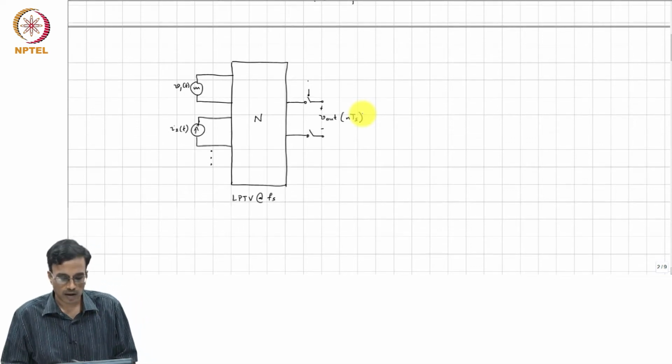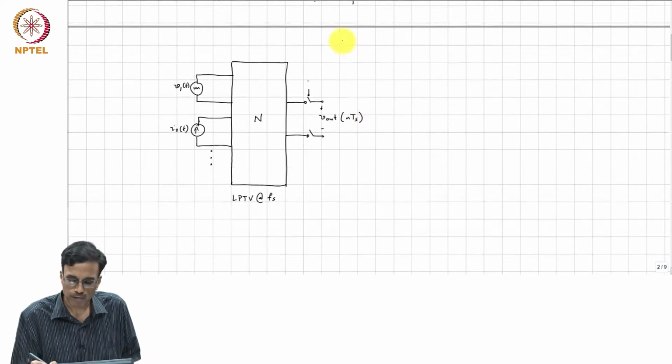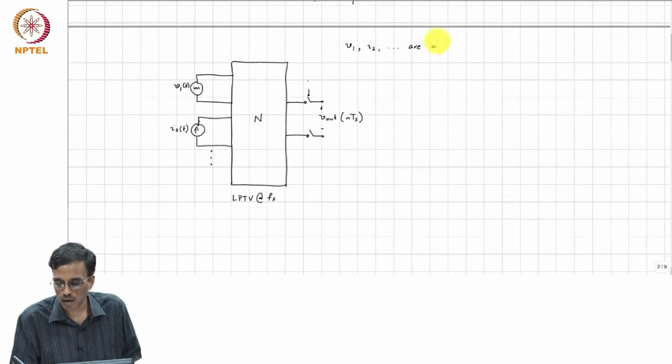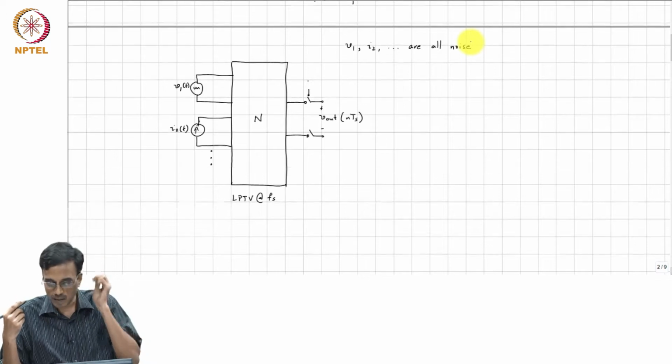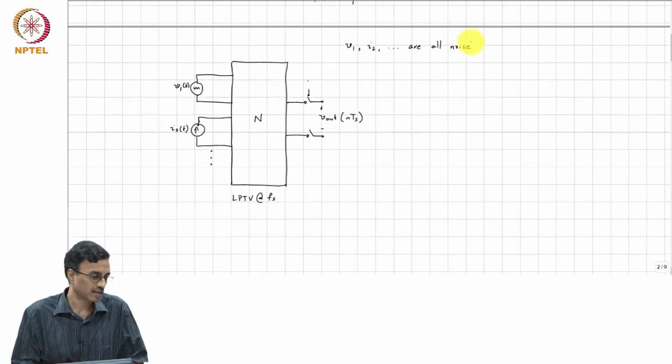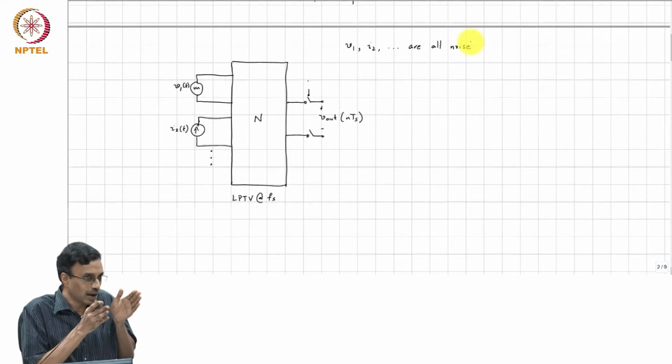In many cases, a very practical situation that occurs is that V1, I2 etcetera are all noise, because in a practical LPTV circuit it is very likely that you have multiple noise sources, and the output is a sampled output.